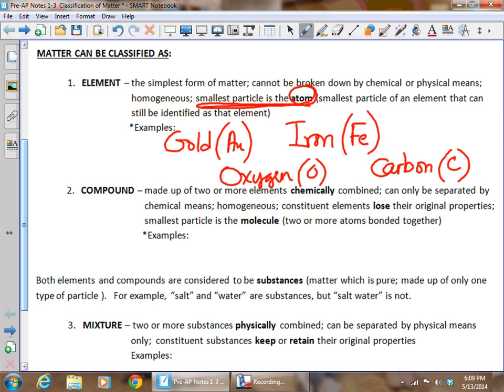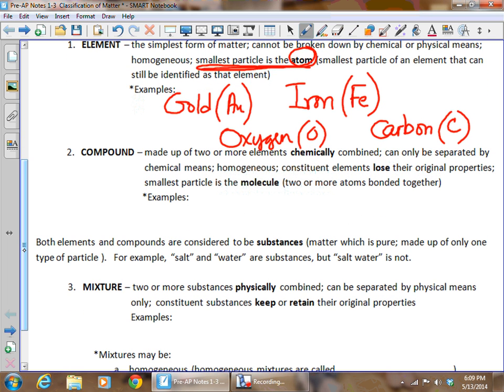Now, when you're dealing with a compound, compounds are two or more elements that are chemically combined, so they can be separated by chemical means, but only by chemical means. If you have sodium chloride, for instance, salt, that's table salt. That's one good example of a chemical compound.